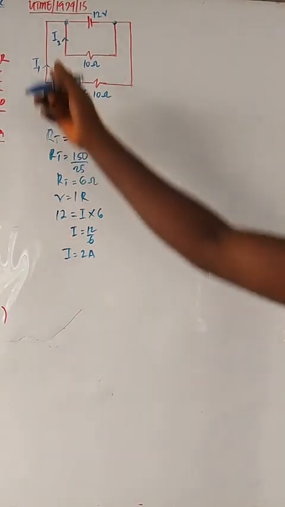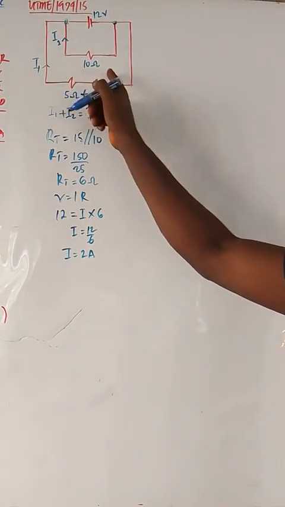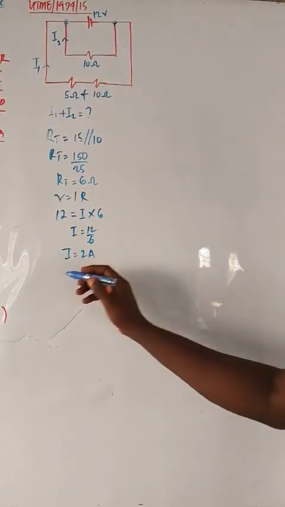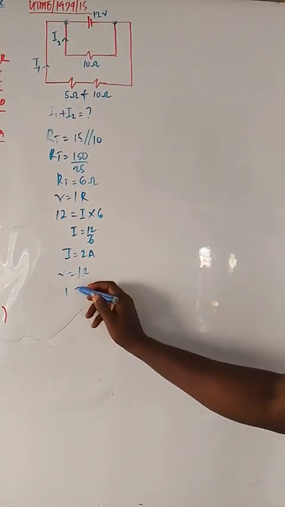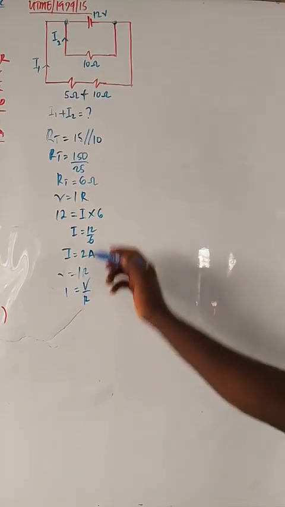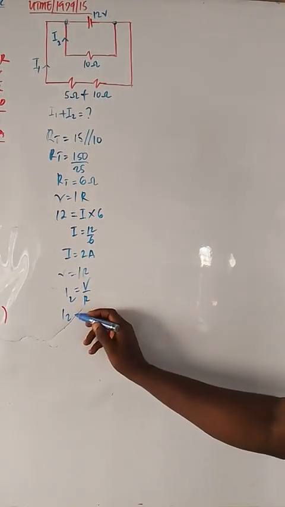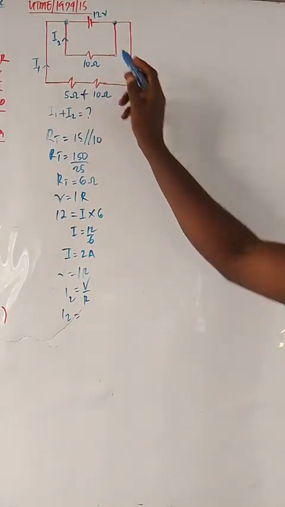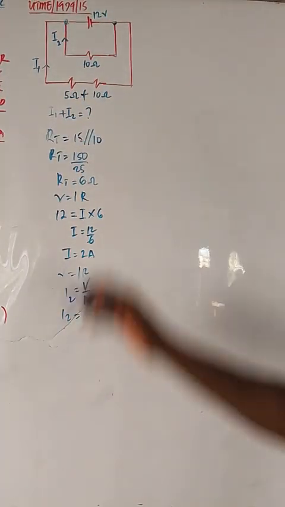But I think you have to look for only I2. Let's suppose you are looking for only I2, the current across this one. So the current across this one is just Ohm's law. The current across the 10 ohm resistor, since V is IR, I is V over R. So the current across this 10 ohm resistor is I2 according to this diagram. So I2 equals to the voltage across 10 ohm over the R. And what's the voltage?